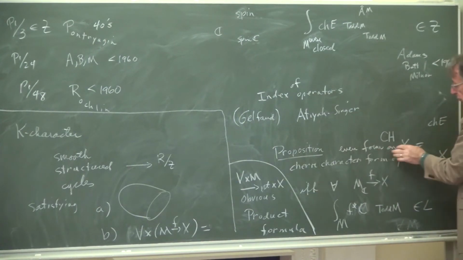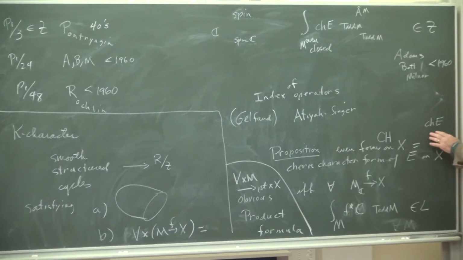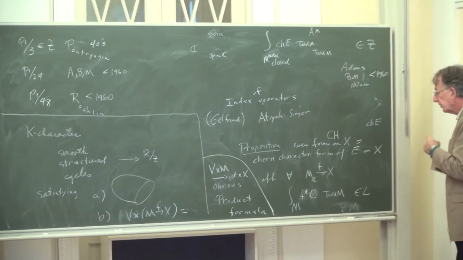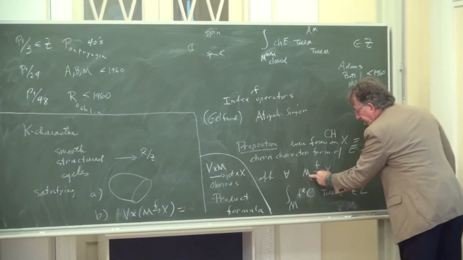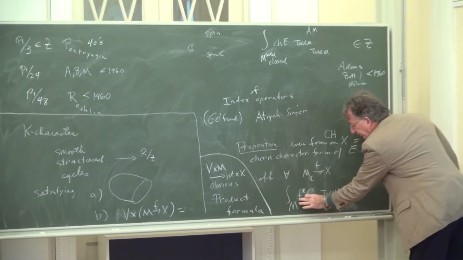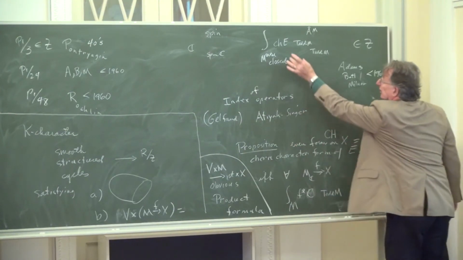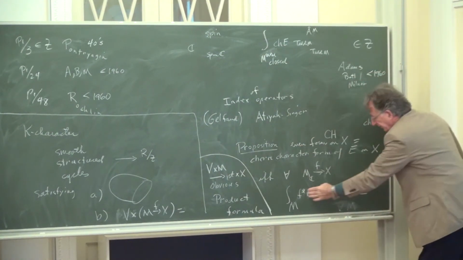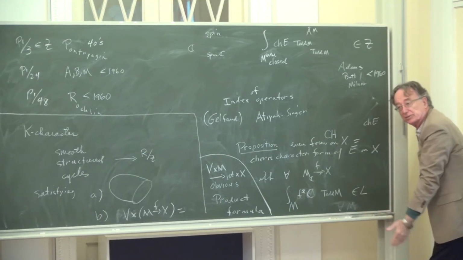So an even form on a manifold is the Chern character form of some complex bundle if and only if for all even closed manifolds mapping into the base, when you pull back this form, this expression, if you put in the Chern character of E, this would be an integer. So this is a necessary condition that this is an integer. So that's a sufficient condition.